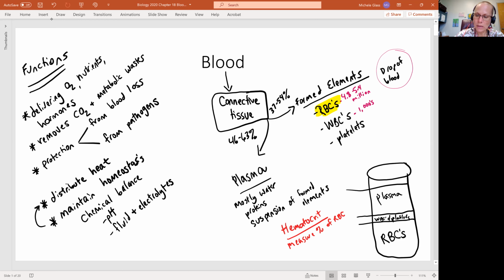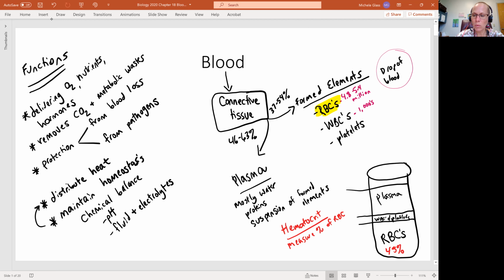And what we're going to see is that an average healthy adult is going to have a hematocrit of about 45% red blood cells, but we do see that this varies with body types.